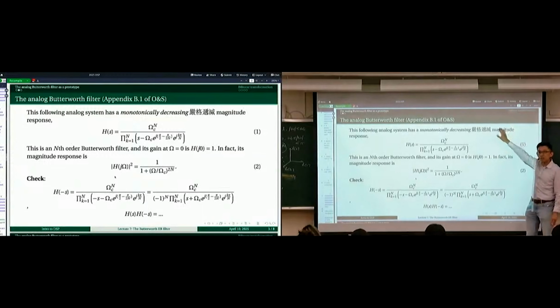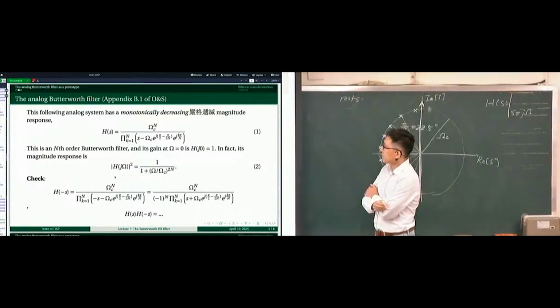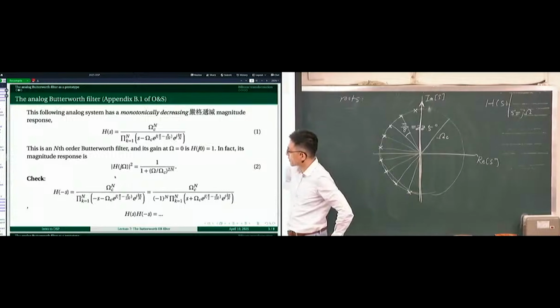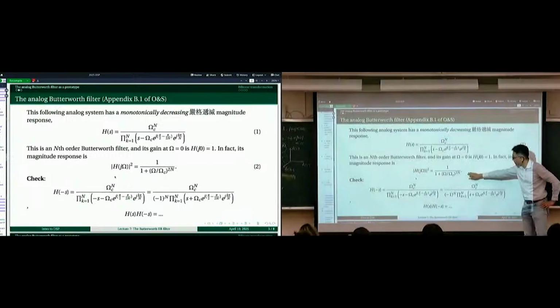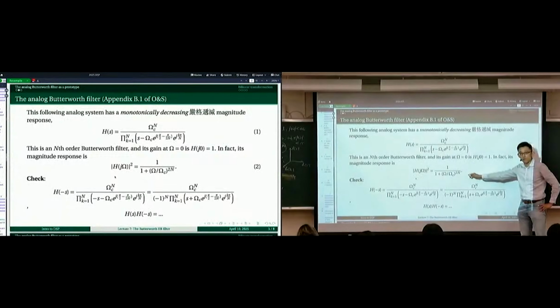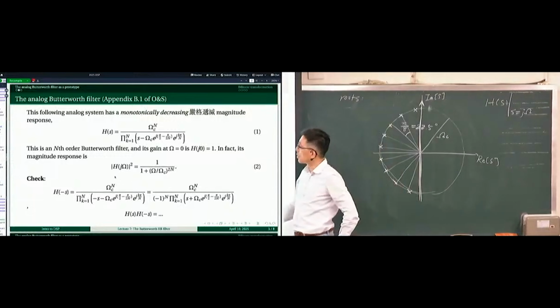It's not even in the main text of the textbook. We start from this. This system has a very nice looking magnitude response, or magnitude square. Its magnitude square turns out to have a very simple expression. This is rather simple, fairly simple. All right, so next week when we come back, we'll take a look.